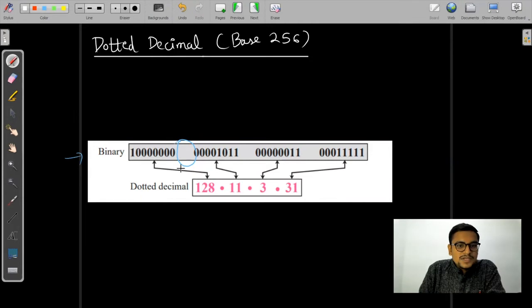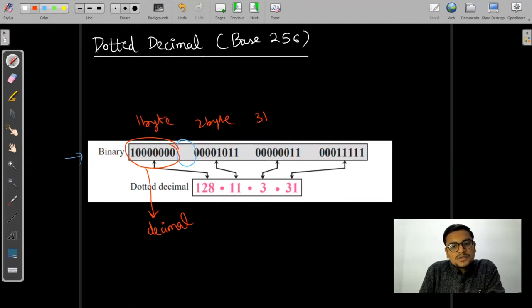Secondly, we represent the binary representation of each byte, like this is the first byte, this is the second, this is third, and this is fourth, in decimal form. So we represent each byte in the form of a decimal number, and then we separate all of these using a dot. That is the concept of dotted decimal representation.